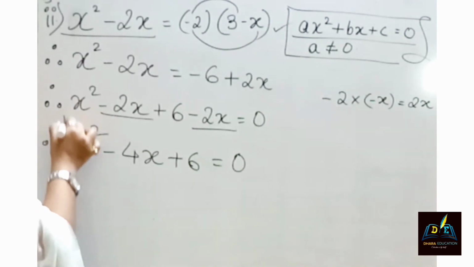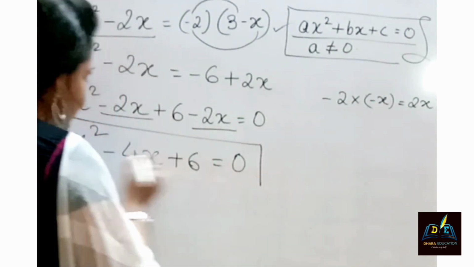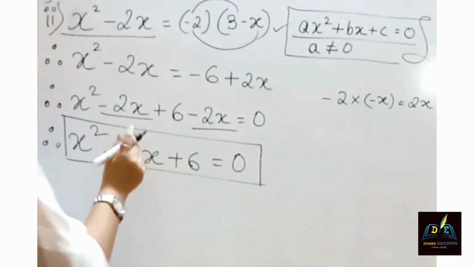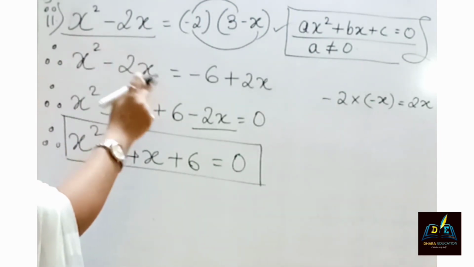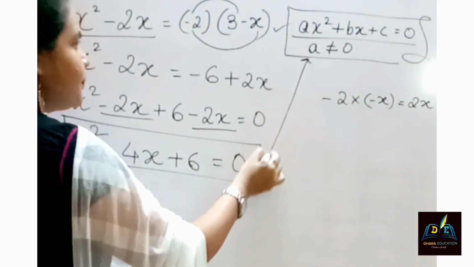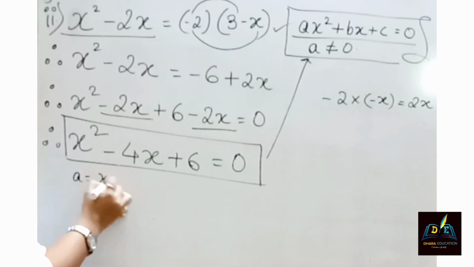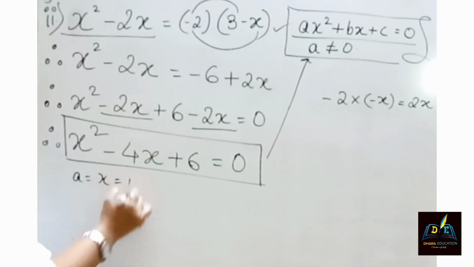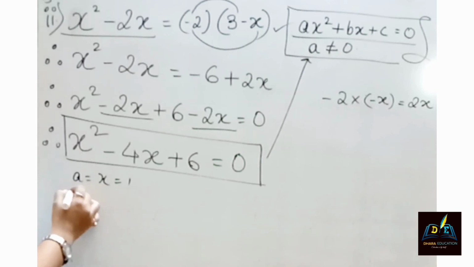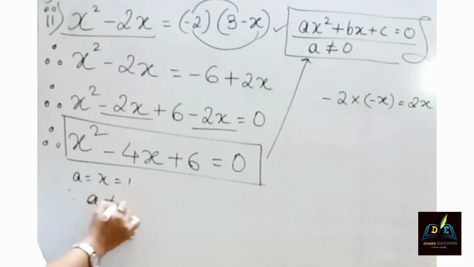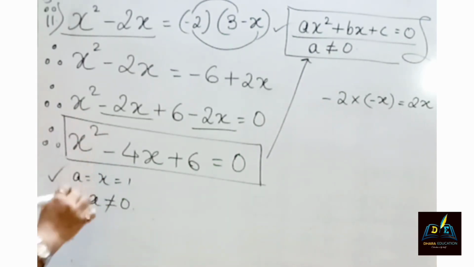So we can understand with this form that it fulfills our standard form, ax square plus bx plus c is equal to 0. Let's see, what is a here? a is x square, which means the coefficient is 1. So we can conclude that a is not equal to 0. This criteria is done.